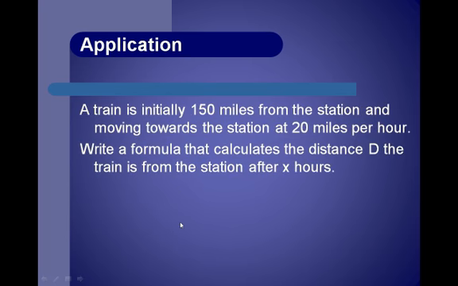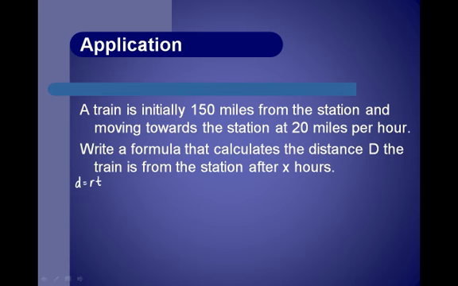Another application. A train is initially 150 miles from the station and moving towards the station at 20 miles per hour. Write a formula that calculates the distance the train is from the station after x hours. To start with, we want to remember that distance is equal to rate times time.